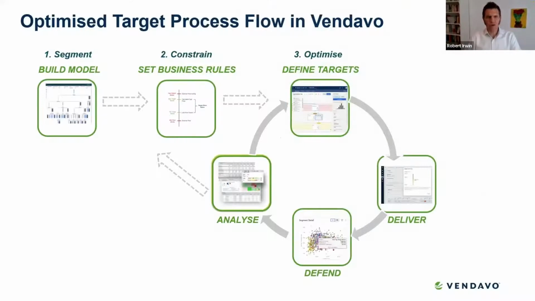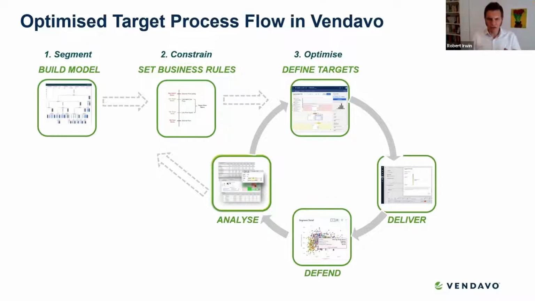We start off with the segmentation, so building business rules around that are used in order to constrain the targets that are going to be generated from the optimization process. And these business rules are really important to bring business logic and context to the target definition process.